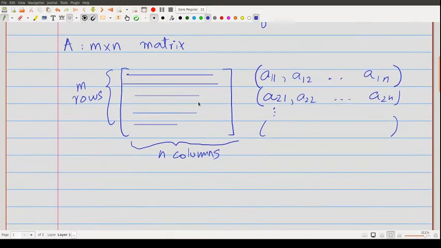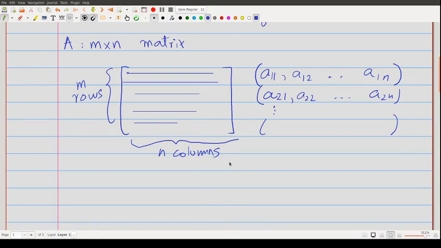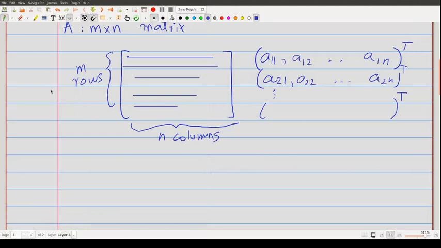Now the question is, are these m rows independent or not? If we make vectors out of these, let's transpose them. The idea is these rows will form a subspace of Rn.